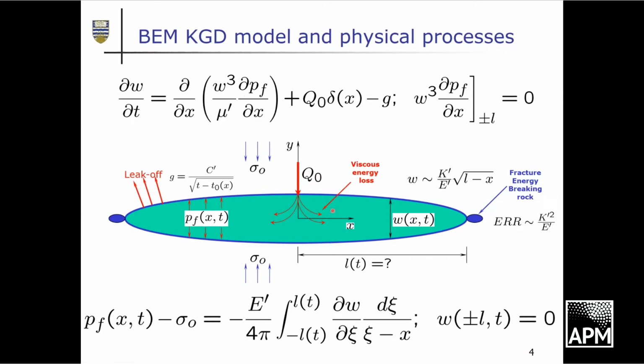And we have viscous energy loss here. There's energy consumed breaking the rock. This is essentially how the fracture toughness affects the asymptotics. We'll see that later. And the fracture toughness and the energy, as Yegor was showing, is related by this relationship.